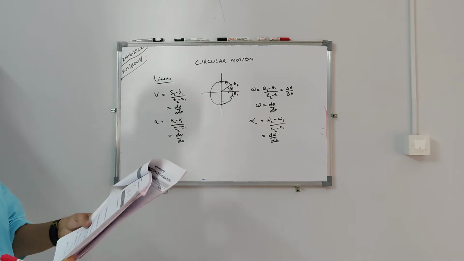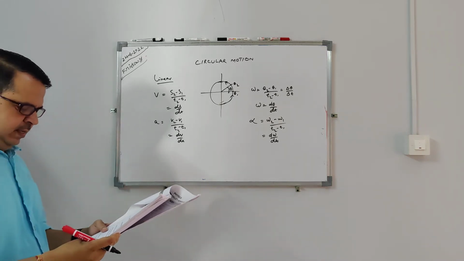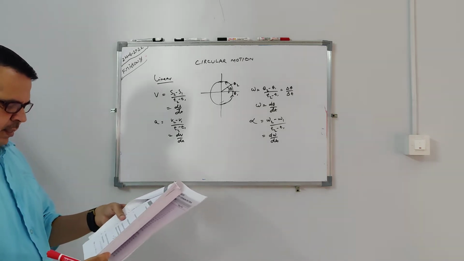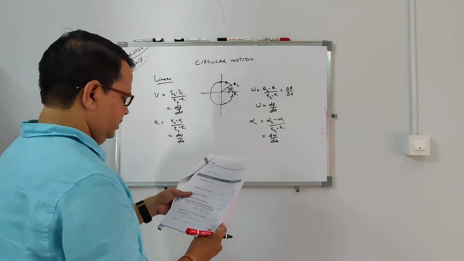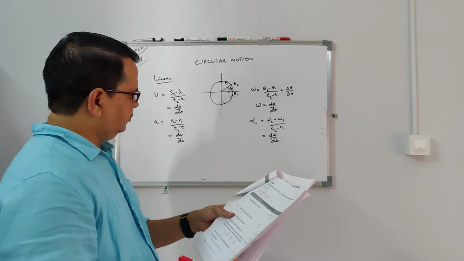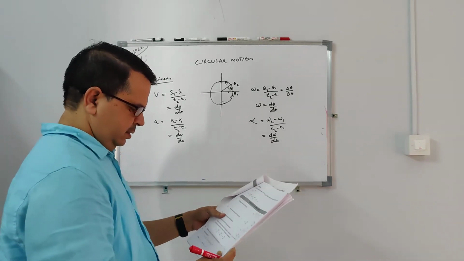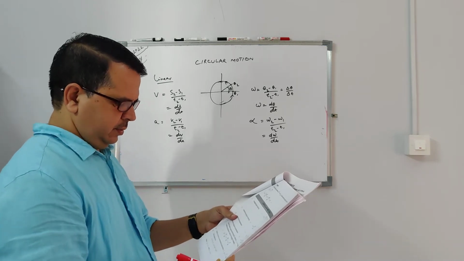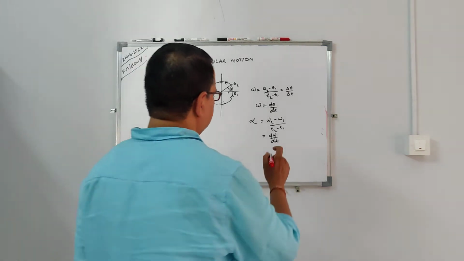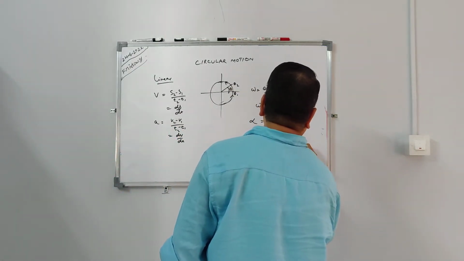Then there is this d omega by dt. This can otherwise be written as d omega by d theta into d theta by dt.